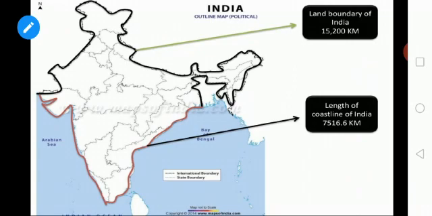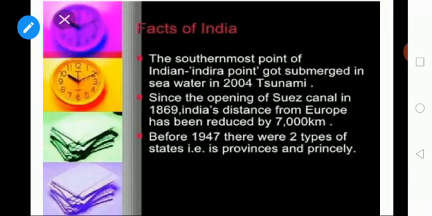The black line which passes on the top is the land boundary that it shares with the neighbor countries. It is about 15,200 kilometer, and the line below, in brown color, is the length of the coastal line of India. Already you know that there are eastern coastal lines and western coastal lines, isn't it? So that stretches 7516.6 kilometer.